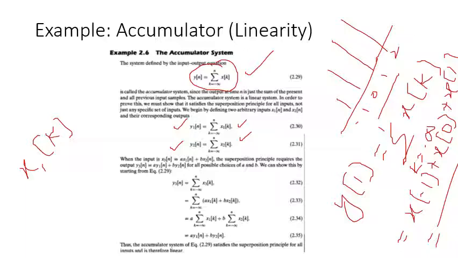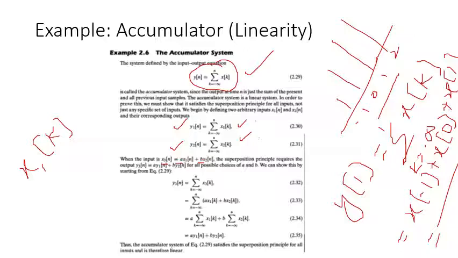Now we take another input, x3. x3 is the sum of x1 plus x2, with scaling applied to them. So now we are doing scaling and addition. You got the point? We have passed input 1, input 2, and now we have x3, which is the sum of both the inputs.